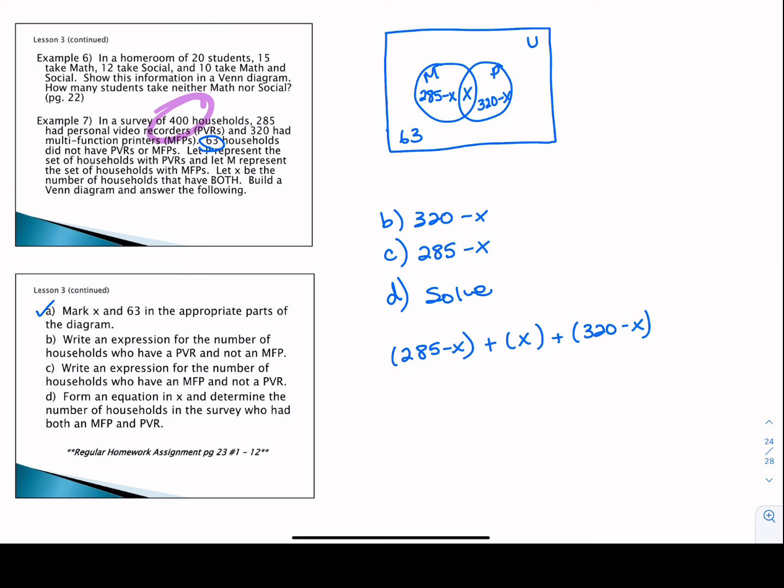If I take that and add the 63 people that don't have either type of device, what I know is I'm going to get my grand total of 400 households surveyed.